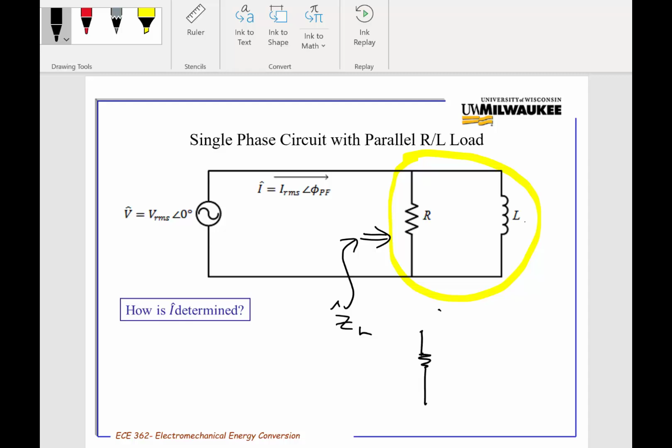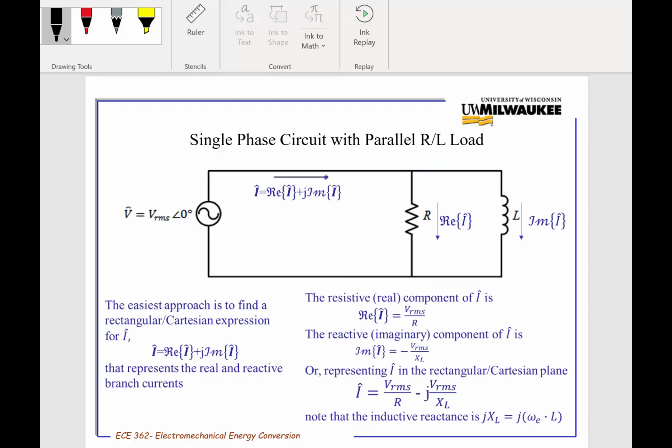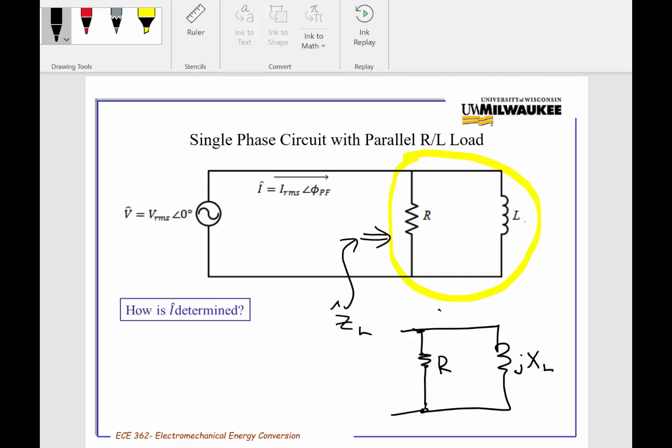It's going to be an R. I'm going to maybe give you something to bridge this gap in the lecture, but you should know this already. The inductive load is a reactive load with a reactance XL. I assume you already know this.